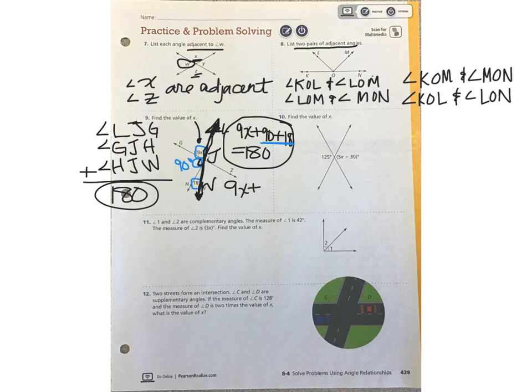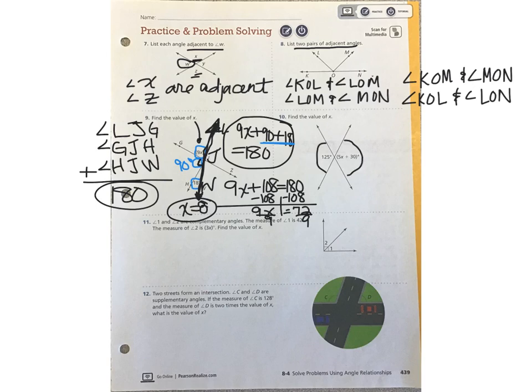So we have 9x plus 108 equals 180. Then we finish solving by taking away 108 from both sides. 9x equals 72. So we divide both sides by 9, and therefore x has to be 8. So the value of x there is 8.